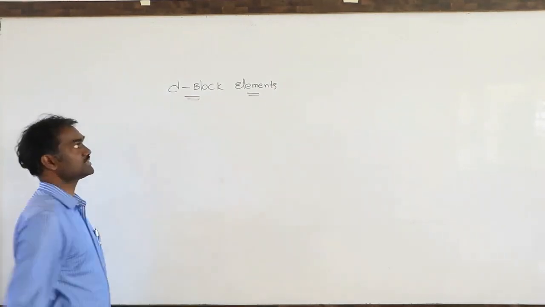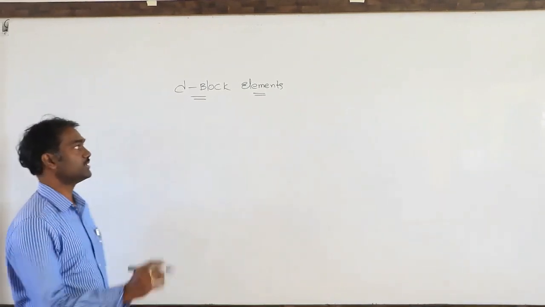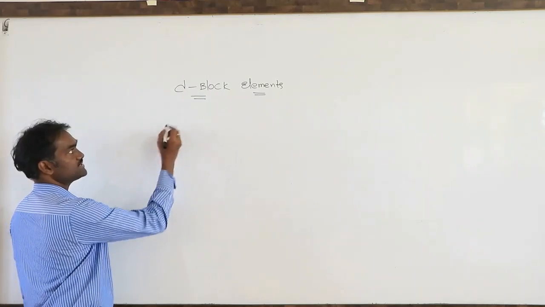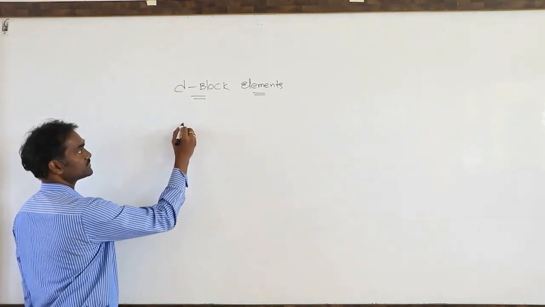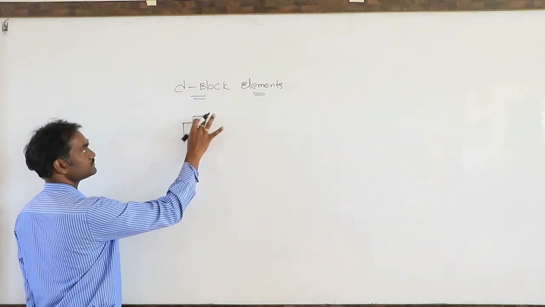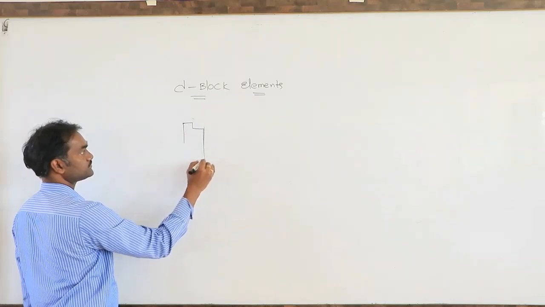See, in your second year inorganic chemistry, we have D block elements. Suppose you see our periodic table, where is the location of D block elements? First we have S block elements.